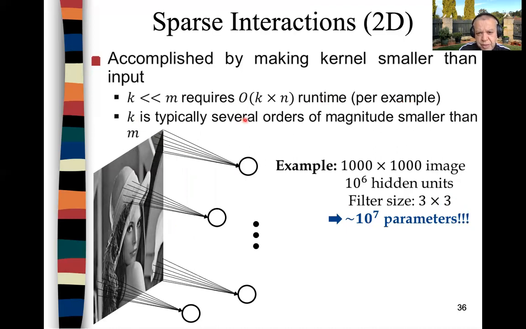K is typically several orders of magnitude smaller than M. For example, in the same case, a 1000 pixel by 1000 pixel image with 10 to the power 6 hidden units and a filter size of 3 by 3, you only require 10 to the power 6 multiplied by 3 by 3, which is almost 10 to the power 7 parameters that you would need to determine only.